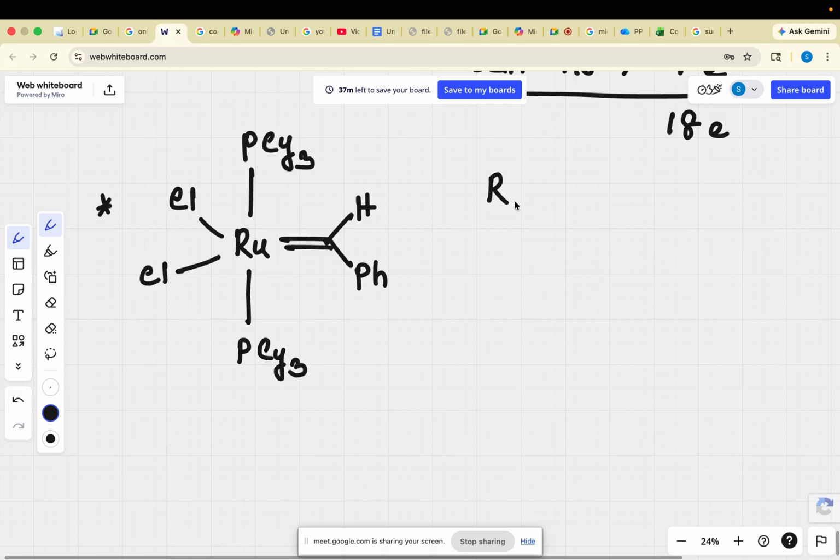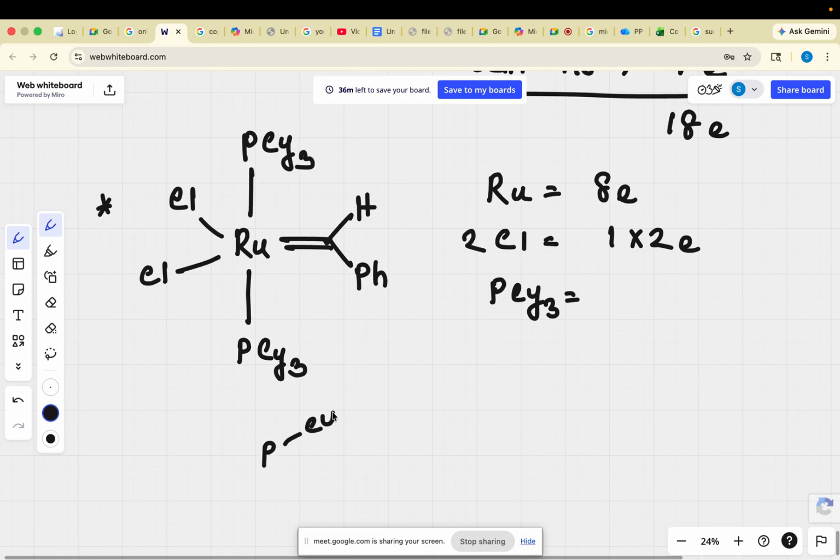So ruthenium is donating 8 electrons. Chlorine will donate 1 electron, and you have 2 chlorines, so 1 into 2 electrons. Now what about PCy3? It will donate 2 electrons. Phosphorus is bonded with 3 cyclohexyl rings, so 2 electrons are left that it will donate.